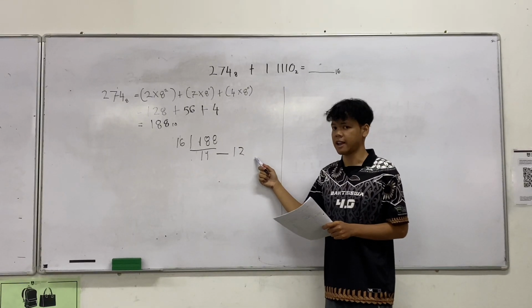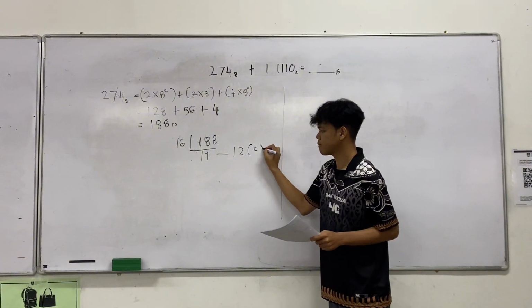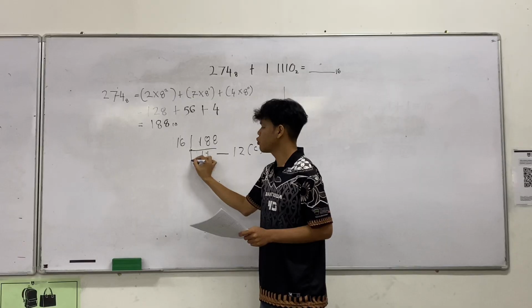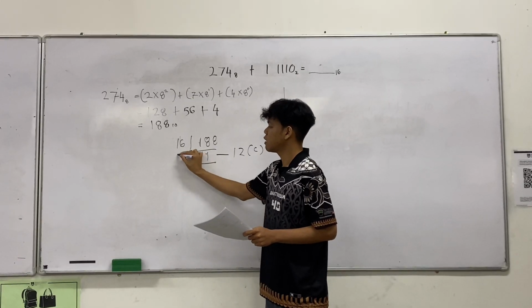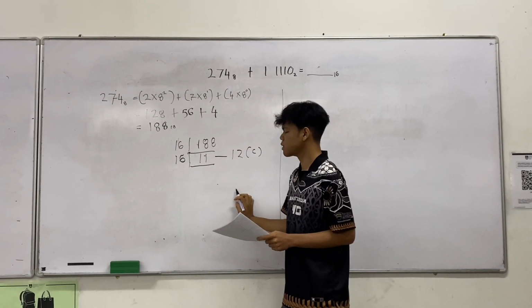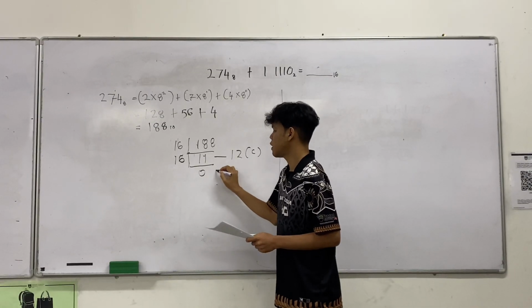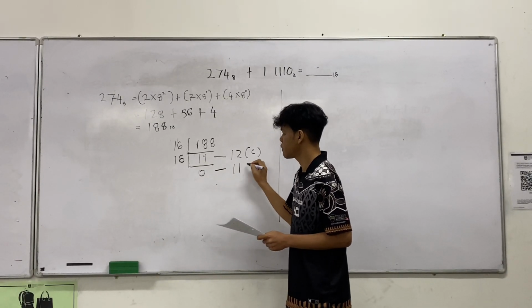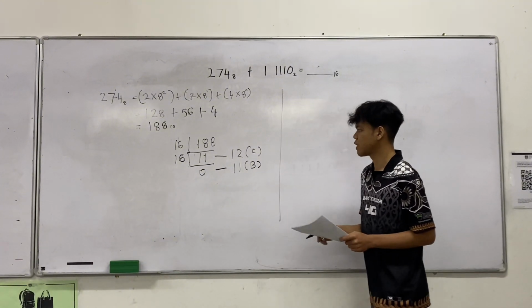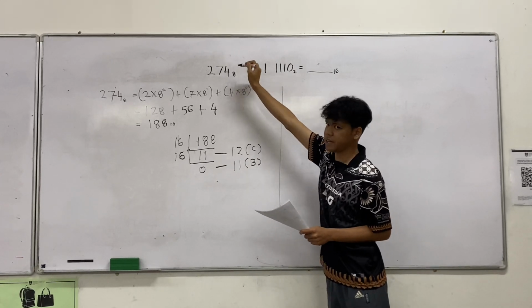But in hexadecimal, 12 converts to C. And we continue to the next calculation. 11 divided by 16 equals 0. So we get 11 as a B. So that is done for the conversion of this number.